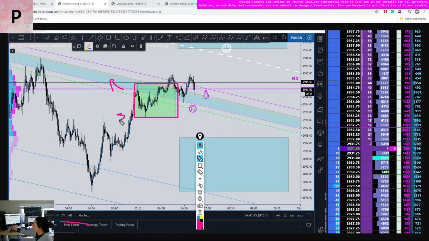Now, where did we get that from? If this line were drawn all the way over, you would see that at this point in price action there was support at that level.